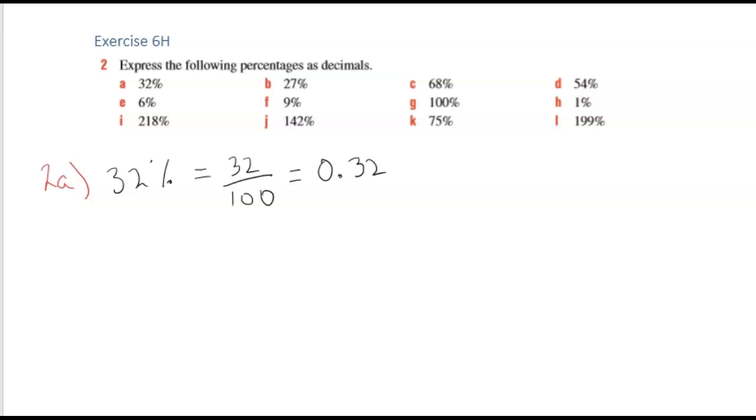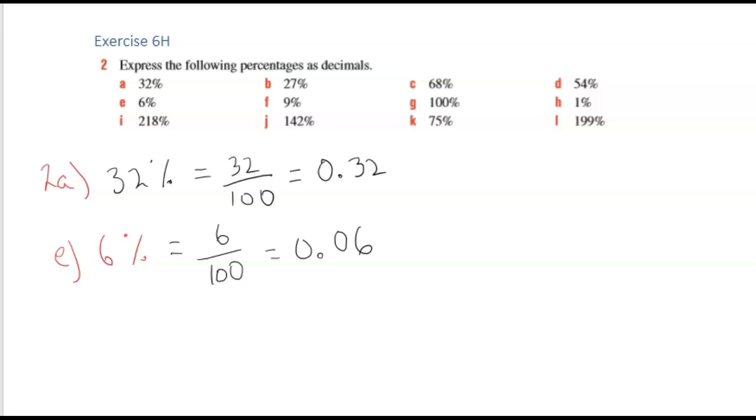So let's do E. Remember that's 6 out of 100. So that's 6 hundredths. So we just write it as 0.06.